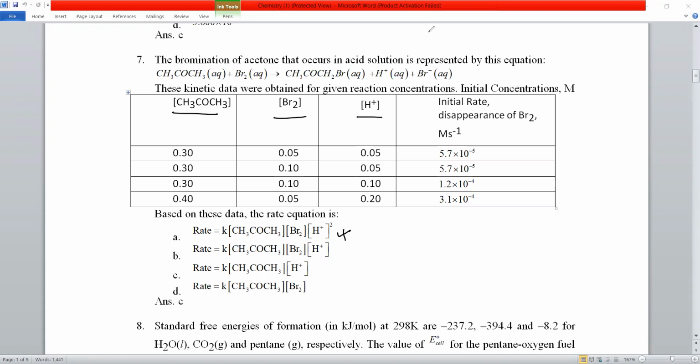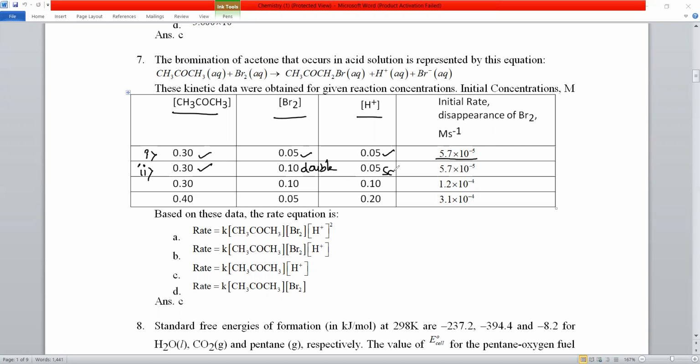Rate expressions. Check the initial rate in experiment 1: 0.30, 0.05, and 0.05. The rate is 5.7 into 10 to the power of minus 5. In experiment 2, the concentration of acetone is the same, and the concentration of Br2 becomes double.